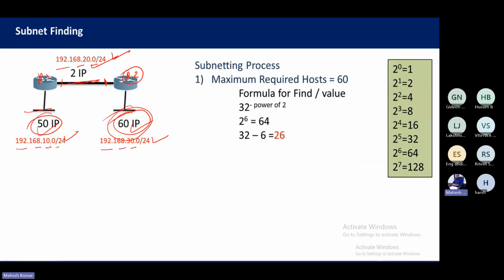Instead of using three networks, I will use this one only, 192.168.10.0/24, and I will get 50 IPs, 60 IPs, and in total 112 IPs. 112 IPs we require: 60 plus 50 plus 2. So this many IPs I can use from a single network instead of unnecessarily using more networks. You will rarely need to do subnetting by hand, because there is an online IP subnet calculator.